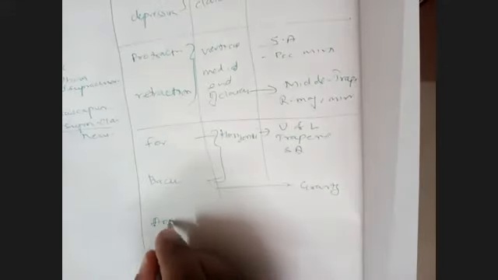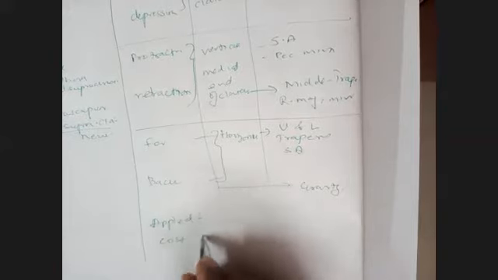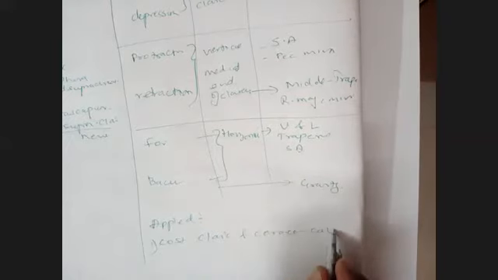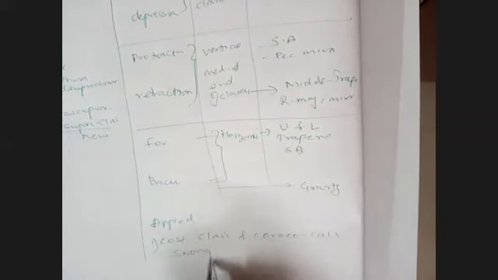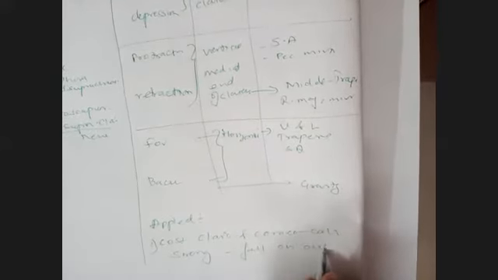So now coming to the applied anatomy. So these two ligaments, the costoclavicular and coracoclavicular, are so strong that in a fall on outstretched hand the clavicle fractures.